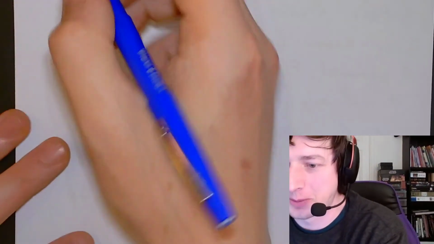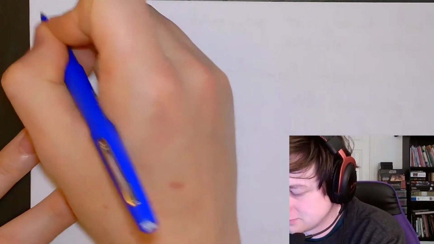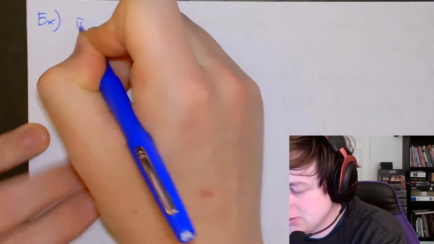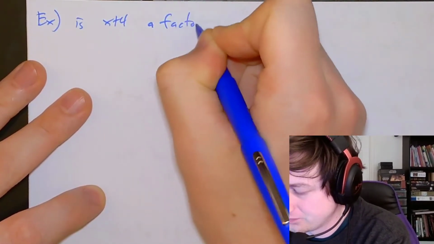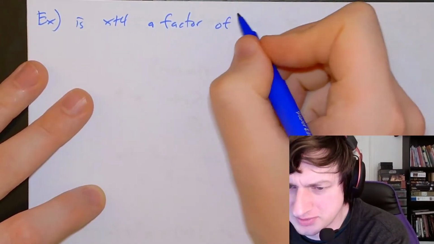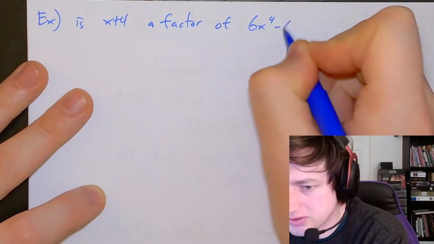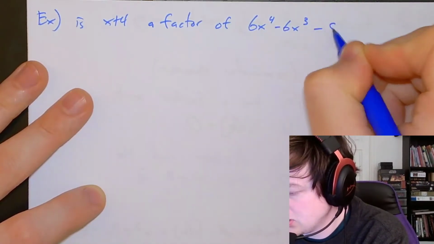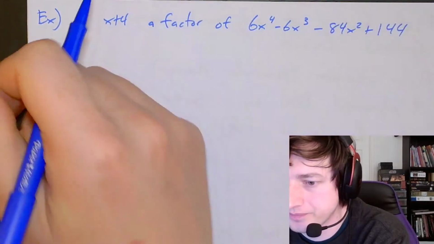All right, so is x plus 4 a factor of 6x to the 4th minus 6x cubed minus 84x squared plus 144x?